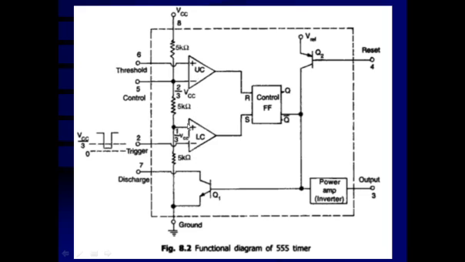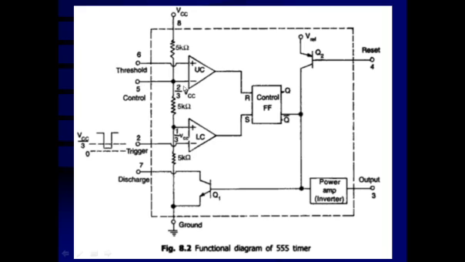So, to the positive input of the lower comparator you connect this reference voltage of 1 by 3 VCC. That means 1 by 3 VCC is the reference voltage for the lower comparator, and similarly the 2 by 3 VCC reference voltage is for the upper comparator.